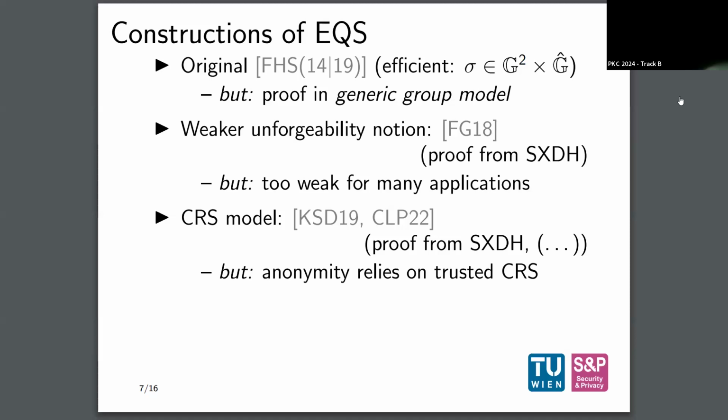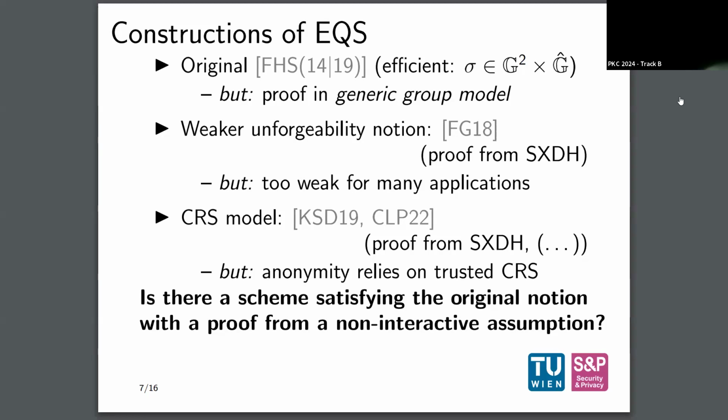So either we assume a trusted CRS and get anonymity, or we let the CRS be generated by the reduction or someone else, and then we don't get anonymity anymore. So naturally we ask the question: is there a scheme that satisfies the original notion, and can that scheme be proven secure from a non-interactive assumption?